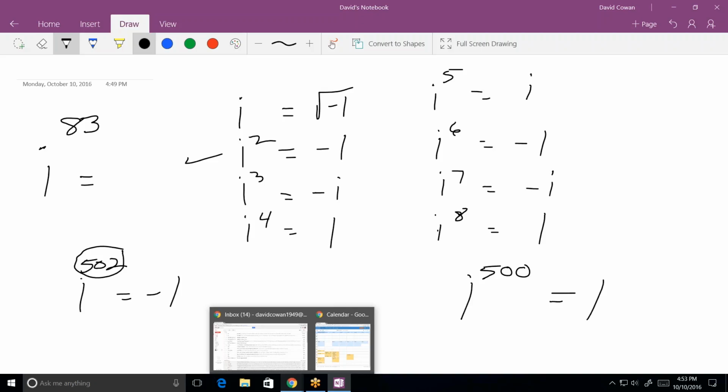That's the problem with using a calculator. The remainder is 3. Okay? In other words, if I divide that by 4 in the long division way, I get 20 with a remainder of 3. And whatever the remainder is, that's the only part we really care about. That means it's going to be that one right there, minus i.